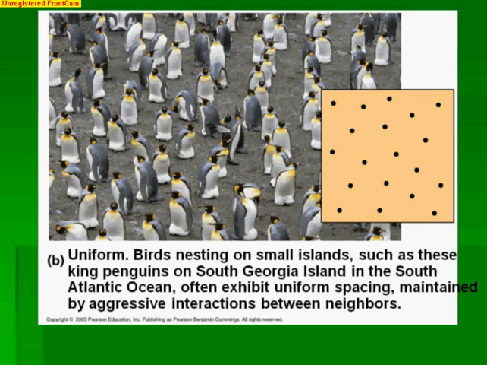So the example shown being the penguins nesting on these islands. They are very territorial and aggressive towards their neighbors in protection of their eggs. So a nice even dispersal we would describe as uniform dispersal or uniform distribution. Uniform is probably the least common form of dispersal.